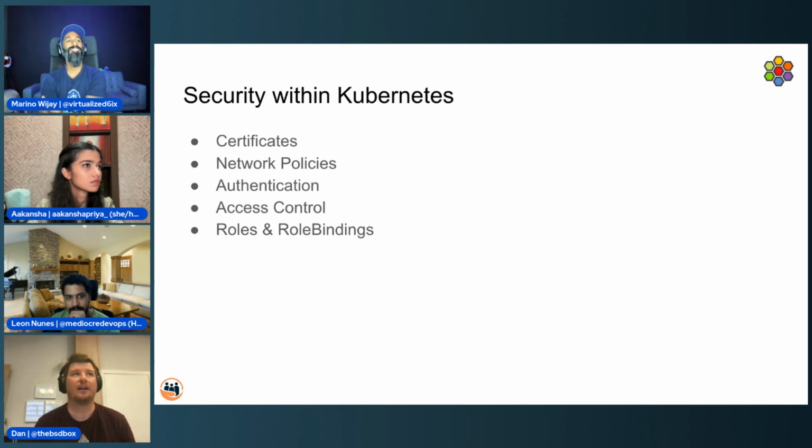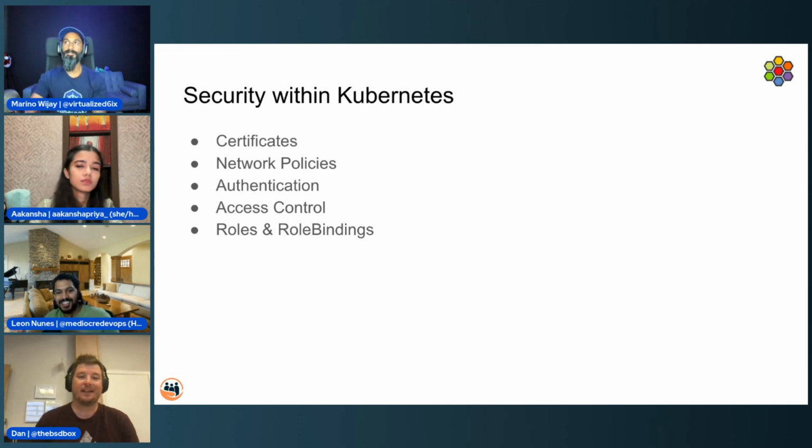WireGuard was added to the mainline kernel a few years ago, and it's pretty amazing because I remember seeing the commit, because I read kernel commits every now and then. It was a tiny addition to the Linux kernel, something like 6,000 lines, and it basically implemented a whole new VPN solution for Linux systems and now for other operating systems.